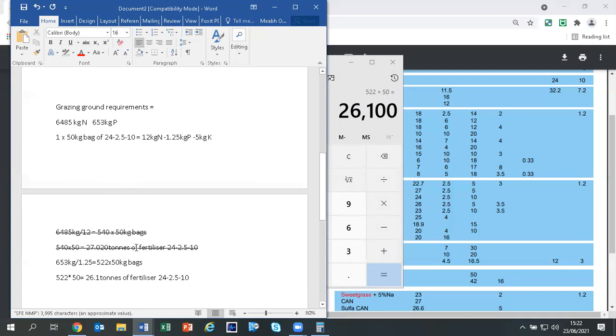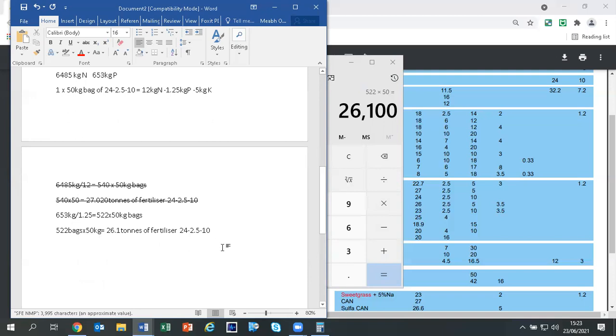Then to double check that we weren't exceeding our phosphorus, we divided 1.25 kilograms of phosphorus into 653 to find out how many bags would be required to meet the phosphorus requirement. That told us that 522 bags was sufficient to hit our phosphorus requirement. And therefore, by spreading 540 bags, we will be exceeding that phosphorus requirement, which we don't want to do. So instead, we're going to stick with our 522 bags with 50 kgs of fertilizer per bag, and that's given us 26.1 tons of fertilizer.